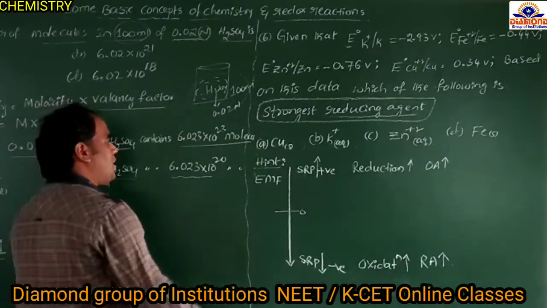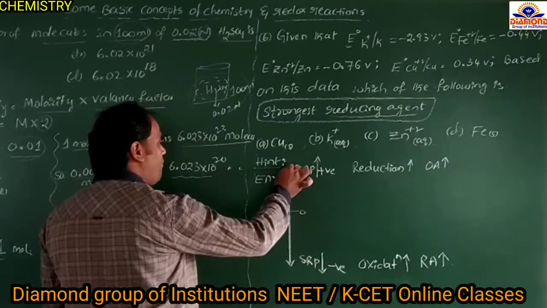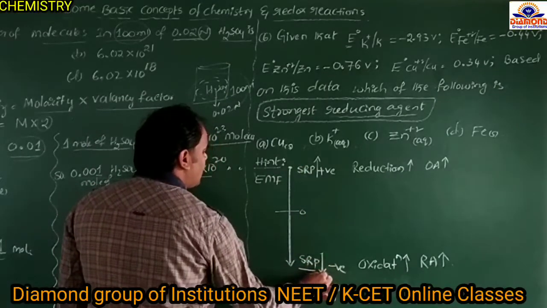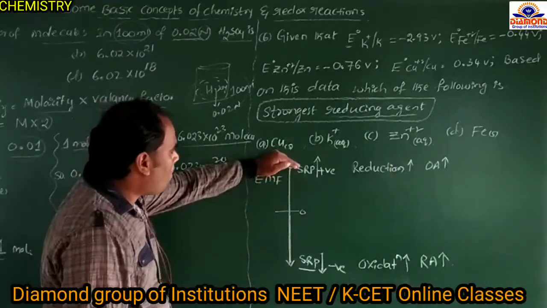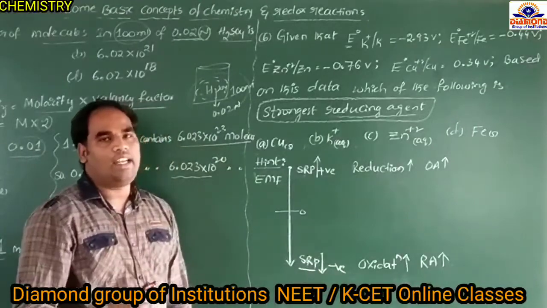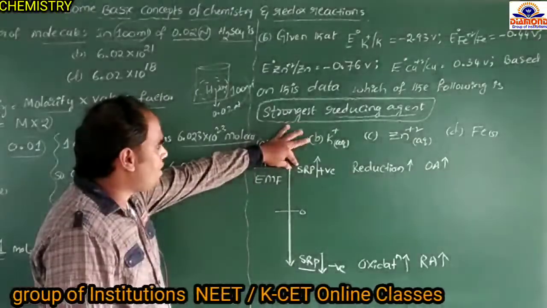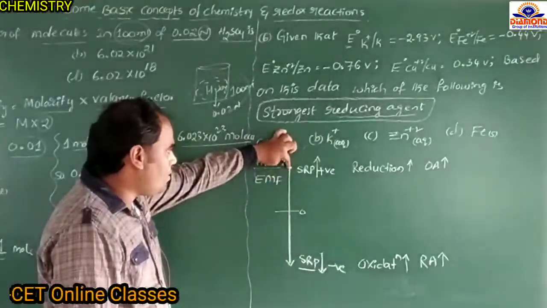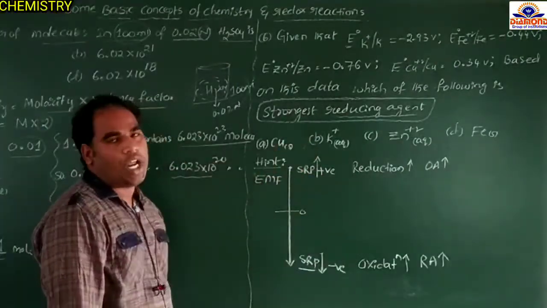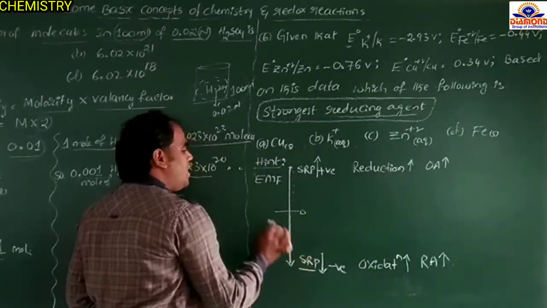So this is the EMF series. In this EMF series, from top to bottom, the standard reduction potential values decrease, meaning they go into negative values. The elements at the top of the EMF series have positive, that is higher, standard reduction potential values: positive, positive, positive, 0, minus, minus, minus, like that.